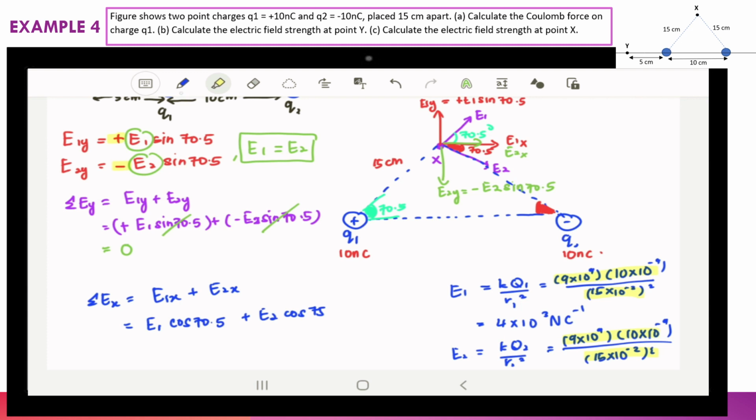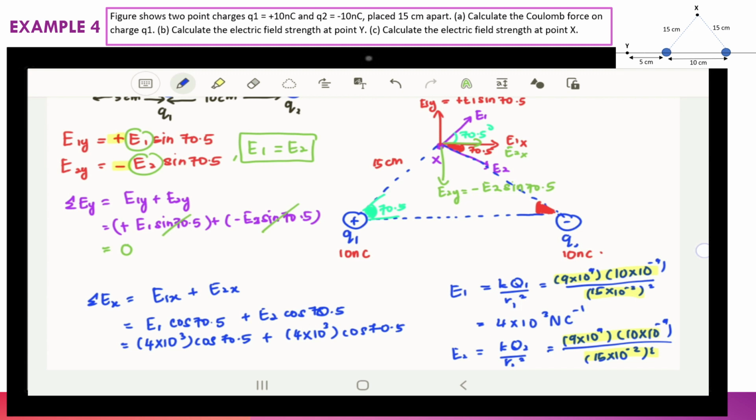So the value is 4 times 10 power of 3. Here we can just substitute 4 exponent 3 cos 70.5 plus 4 exponent 3 cos 70.5.